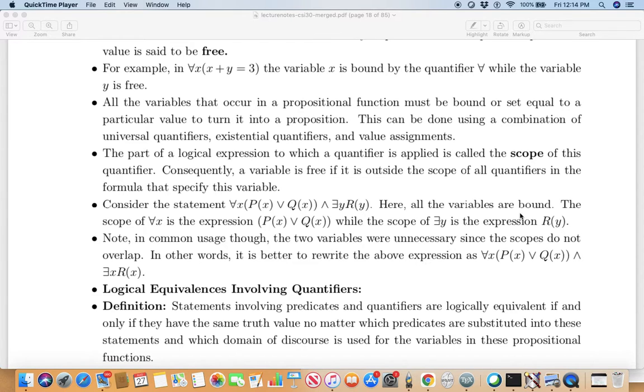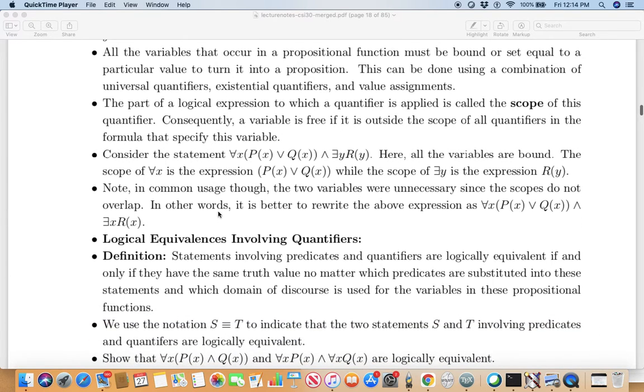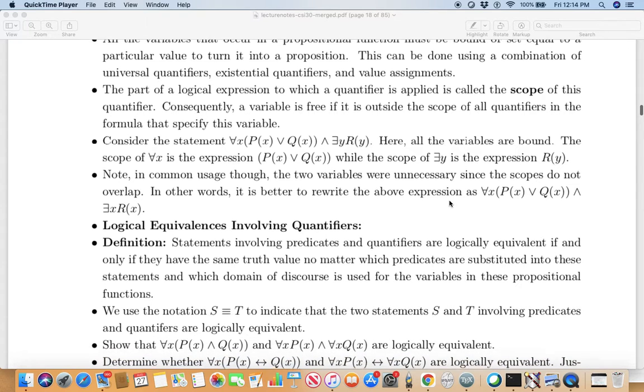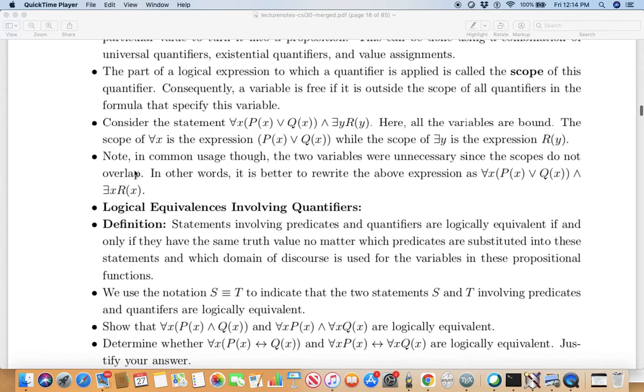All variables are bound. The scope of for all x is just this expression, p(x) or q(x). So y doesn't show up here. The scope of there exists y is the expression r(y). Note, in common usage though, the two variables were unnecessary since the scopes do not overlap.